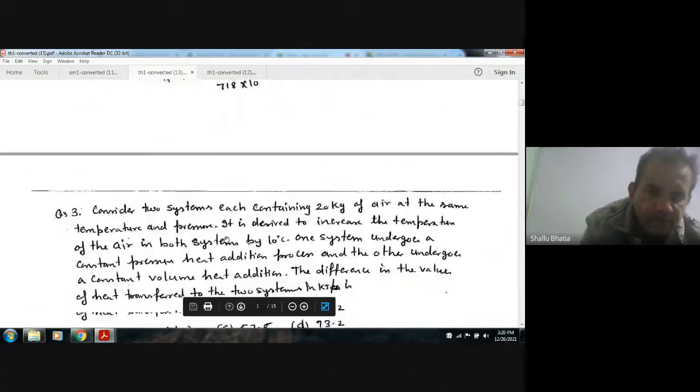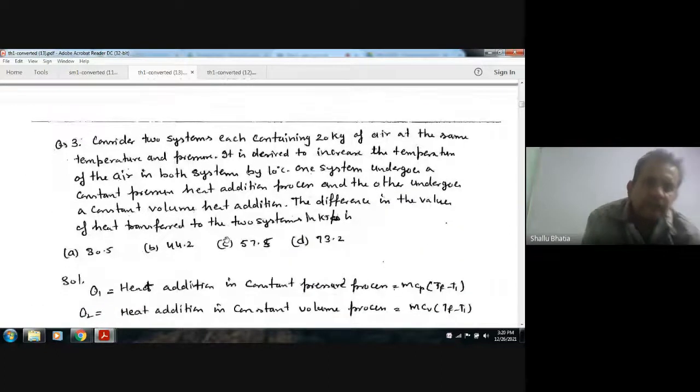Next, consider two systems each containing 20 kg of air at the same temperature and pressure. It is desired to increase the temperature of air in both systems by 10 degrees Celsius. One system undergoes a constant pressure heat addition process and the other undergoes a constant volume heat addition process.